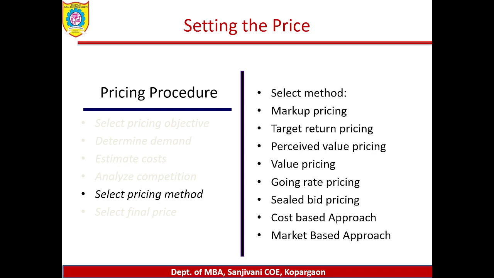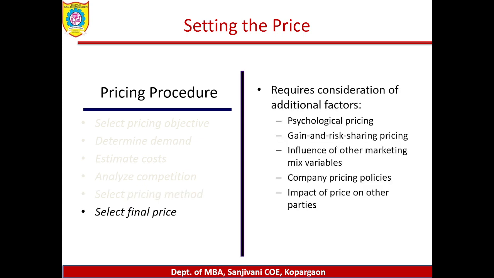And once you understand which pricing method you have to decide, based on the above conditions, maybe objective, demand, cost of that product and competition, you should decide which pricing method is suitable to your products and then select the final price of that product.